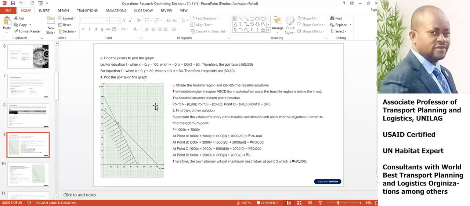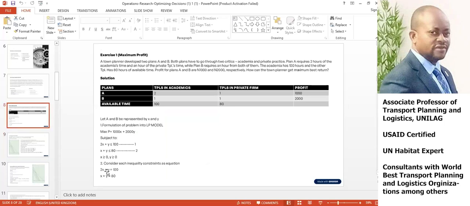So if you see this particular one now, we are now going to the third level, which is to find the points to plot the graph. We want to plot it on the graph now. Now for equation 1, when x is 0, y equals 100. Let me go back to it. Look at this.